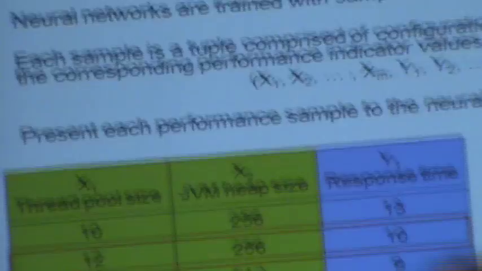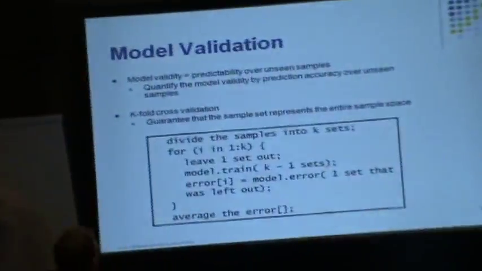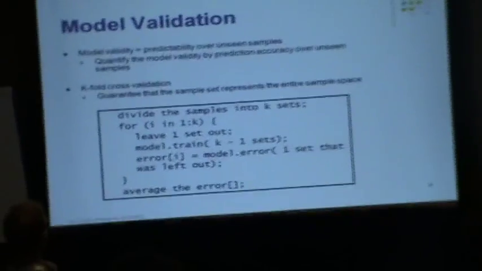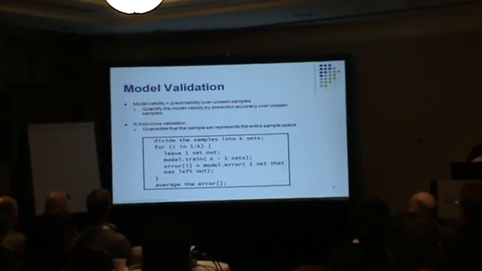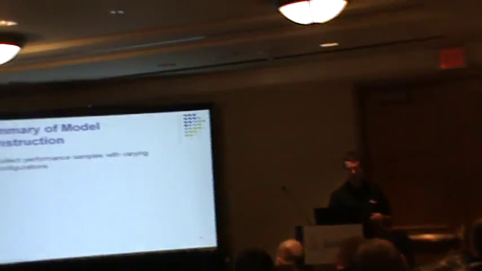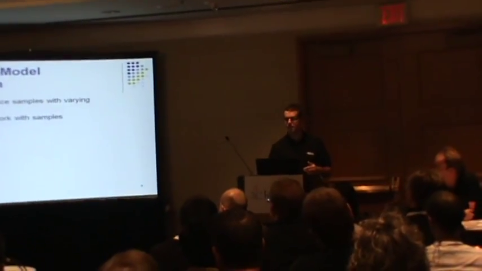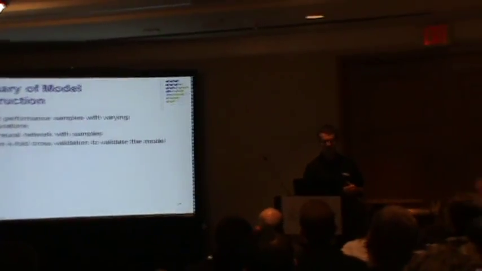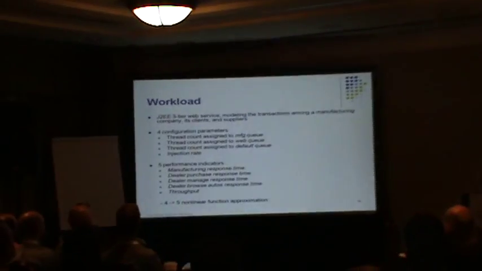What they have done is take a thread pool size and JVM heap size and check the response time of the application, right? And there is a way you can validate the model, so you can make sure that it behaves well. I will try to do it, and if any one of you does it before me, please let me know.